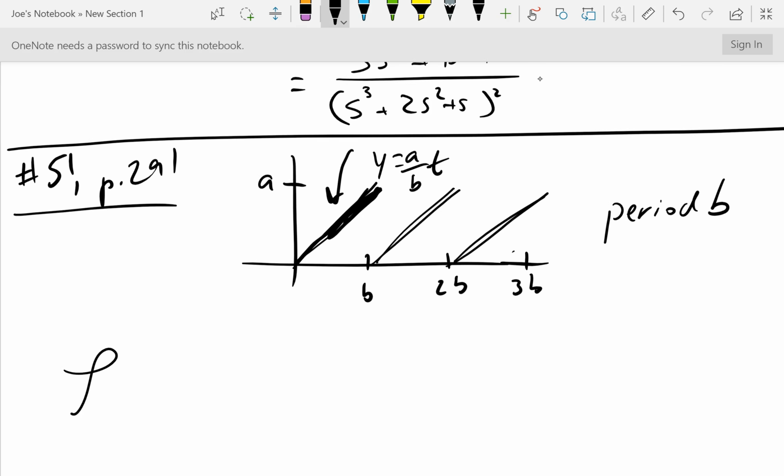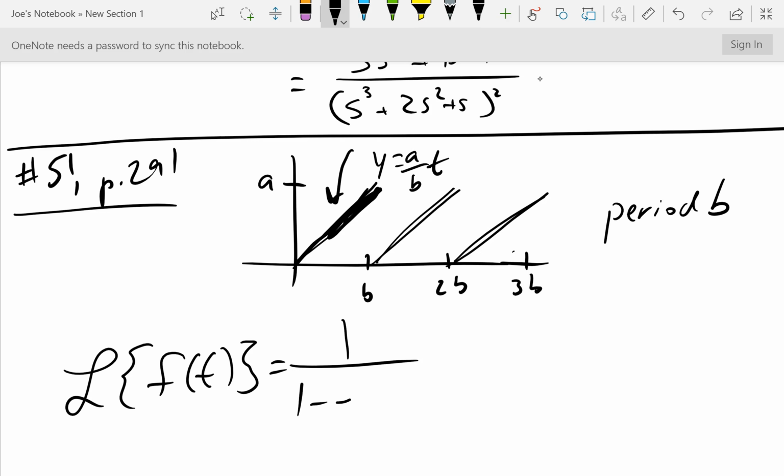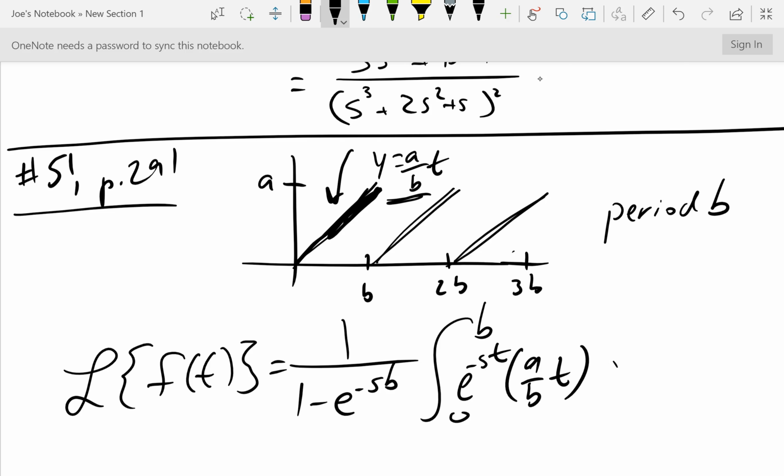So when we do the Laplace transform of this particular function, remember, according to the theorem, that's 1 over 1 minus e to the negative sb, the period, times the integral from 0 to b of the formula for the function we came up with, a over b t, times, of course, e to the minus st dt. This is the general integrand for the Laplace transform. It's just going from 0 to b rather than from 0 to infinity.